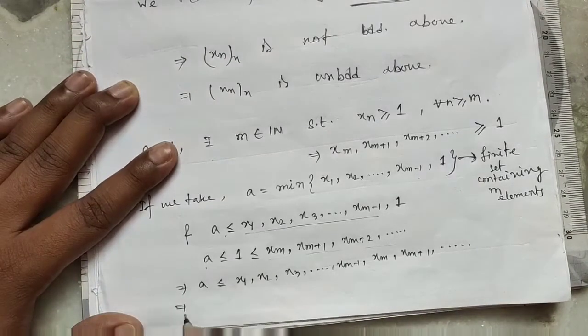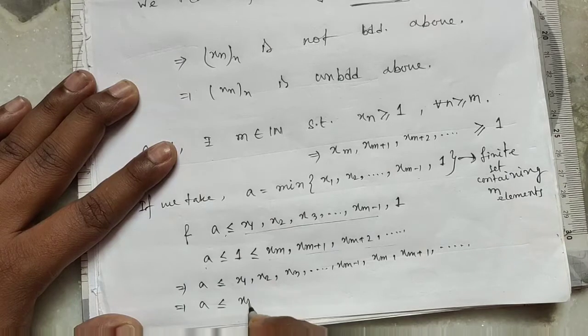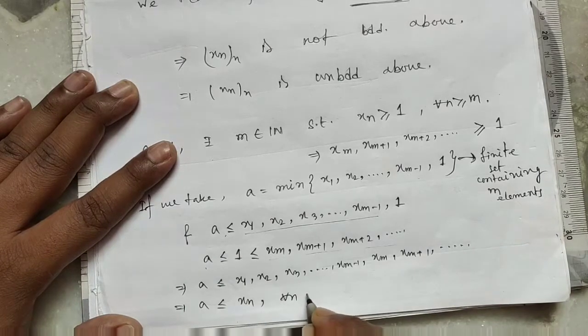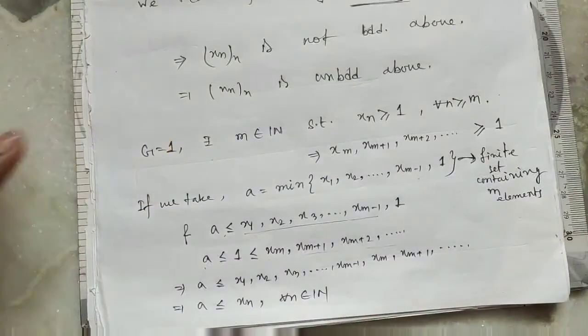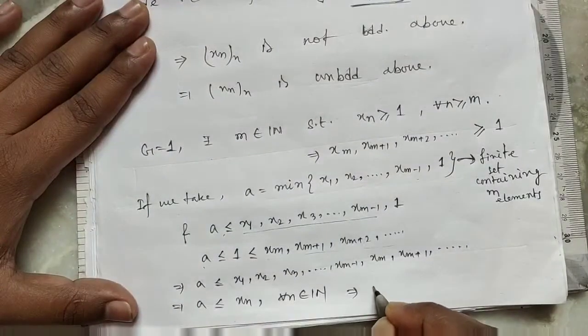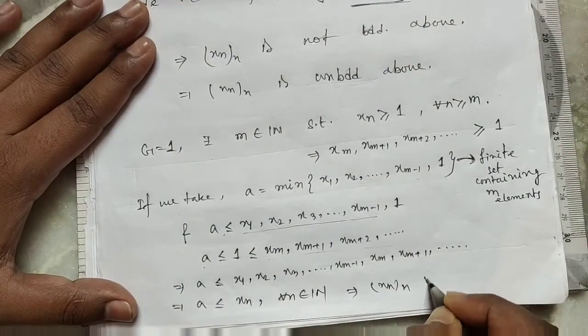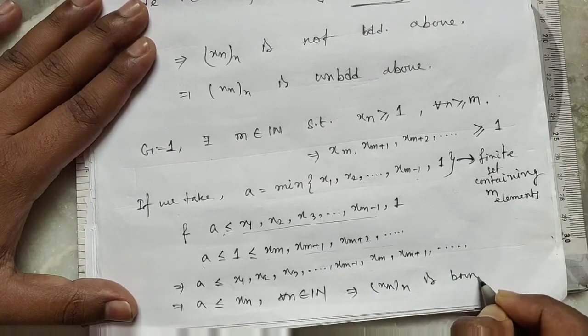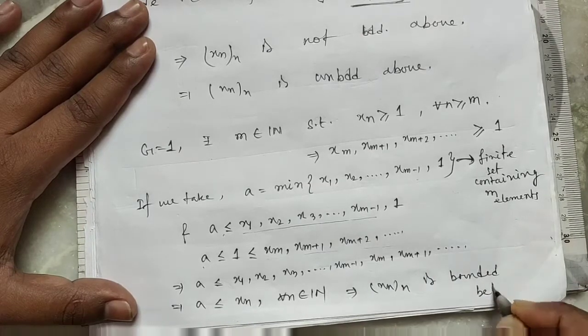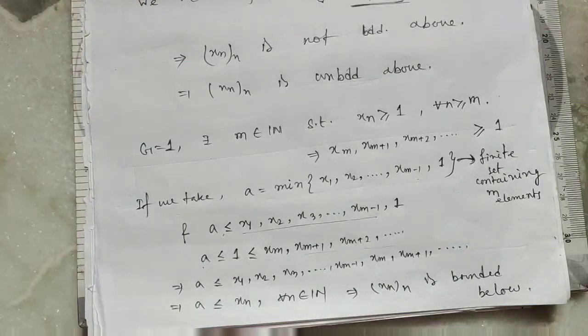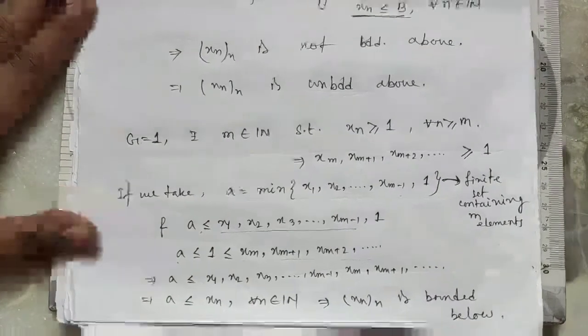So this implies a is less than or equal to xn for all n belongs to N. This implies the sequence xn is bounded below. Clear? The sequence xn is bounded below.